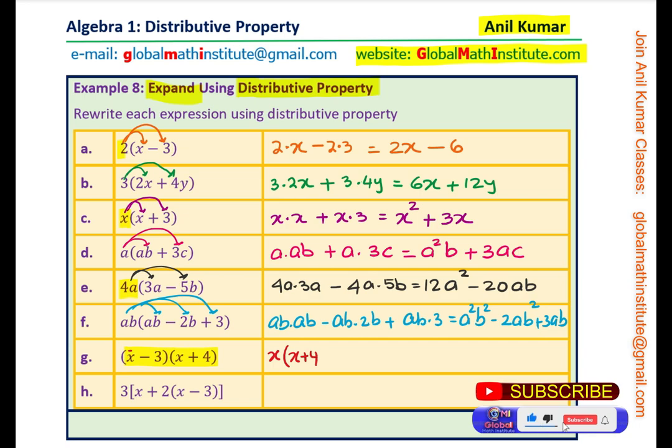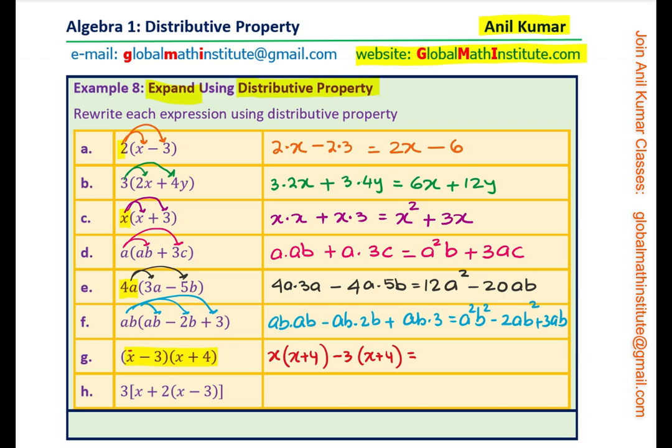Makes sense? And then we'll multiply with minus 3 both the terms, correct? X plus 4. So that is how you have to multiply at the first time. So each one of them is now multiplied with the other term, which is x plus 4. And now apply the distributive property as we did in part C, correct?